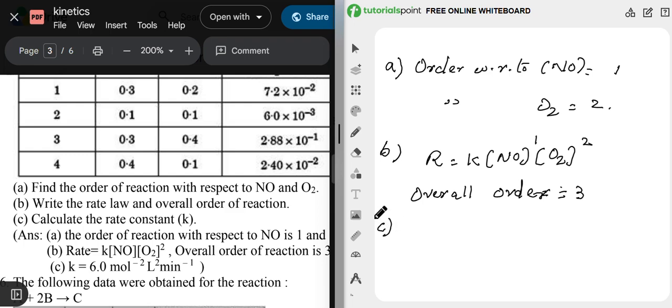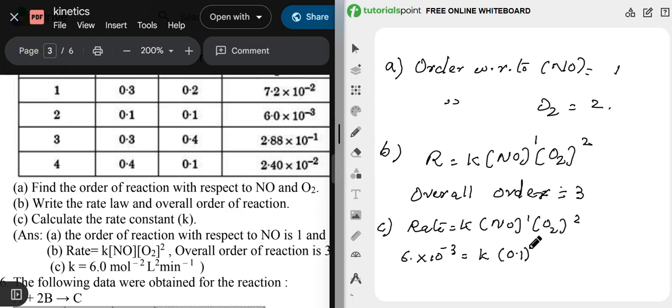Now to calculate the rate constant, we have the equation rate is equal to K into NO raised to 1, O2 raised to 2. Just choose one of the data and apply. I will take this because here everything is 0.1, so the calculation will be easier. So 6 into 10 raised to minus 3 is equal to K into NO is 0.1 over there, 0.1 raised to 1, and O2 is also 0.1, 0.1 raised to 2.